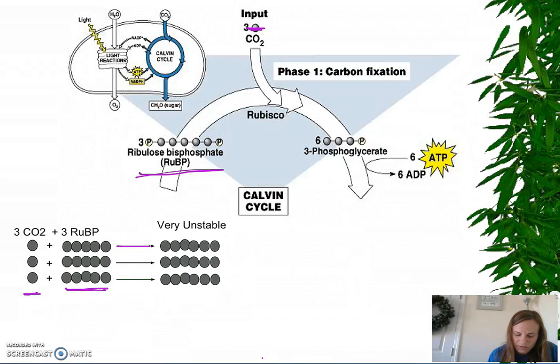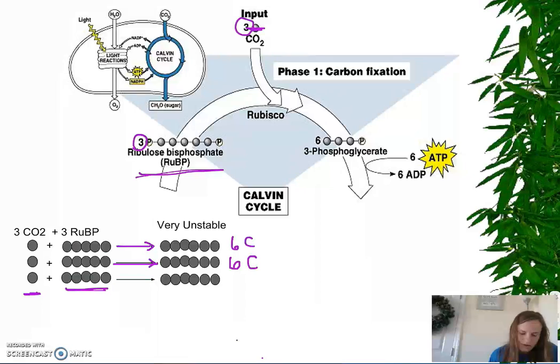When I combined my first carbon dioxide with ribulose bisphosphate, I made a 6-carbon sugar, right? Because I've got 3 of carbon dioxide and 3 of ribulose bisphosphate. When I combined my second carbon dioxide with my 5-carbon ribulose bisphosphate, I made a second 6-carbon molecule.